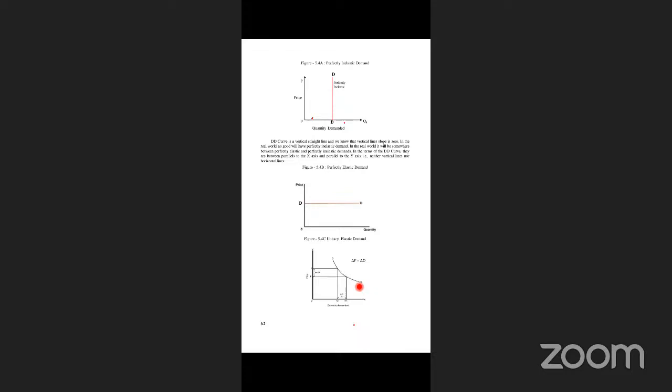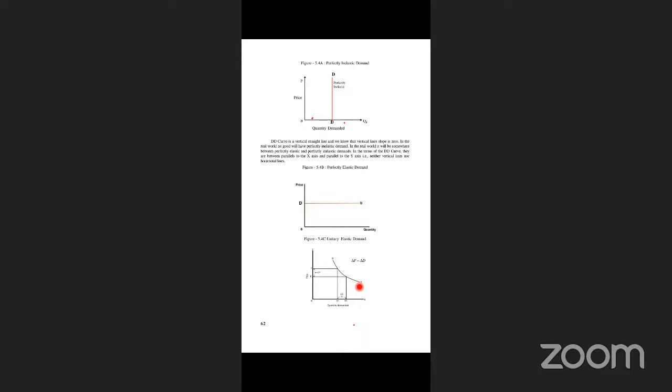We call it a perfectly inelastic demand curve, which is a vertical line on the graph. Whereas a perfectly elastic demand curve is a horizontal line, which is parallel to the x-axis.